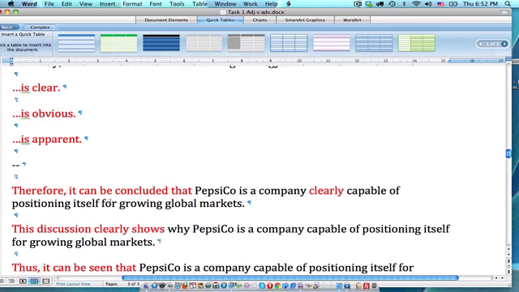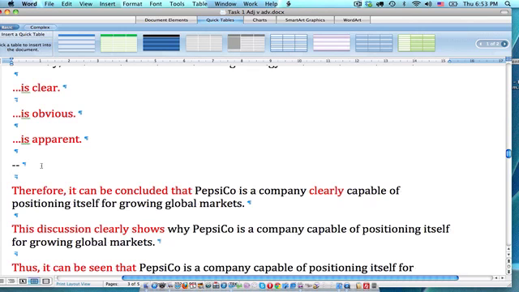Therefore, it can be concluded, okay, excuse me, now we're getting into the language that would appear as your conclusion sentence in your paragraph, in your supporting paragraph. So this sort of language should very clearly be drawing a fundamental conclusion that you want the reader to see, and you want to display that there is a lot of merit to what you're saying based on the evidence that you've given.